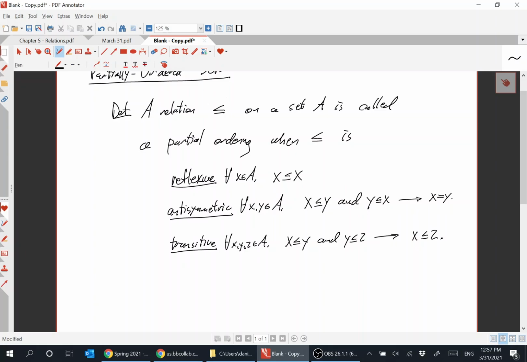Antisymmetric in the sense that x less than or equal to y does not imply y is less than x. If you did happen to have x is less than y and y is less than x, that's only the case because x and y are the same.